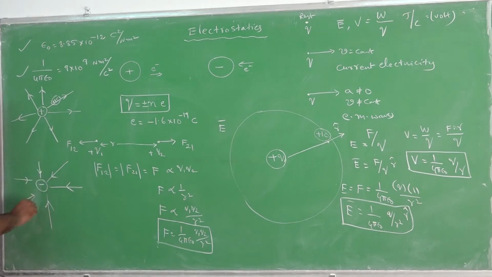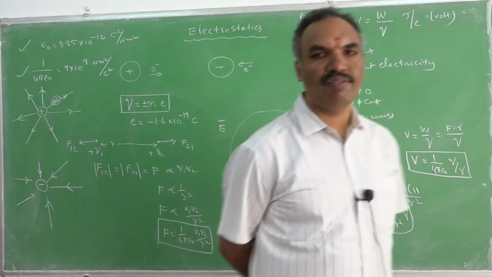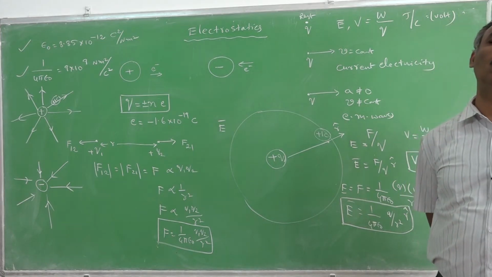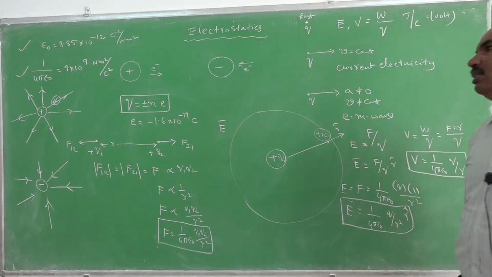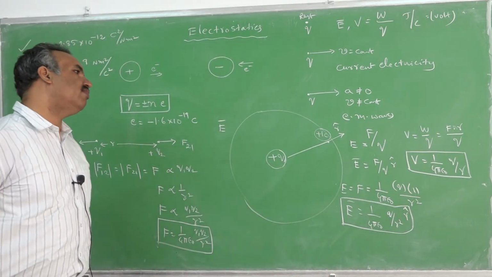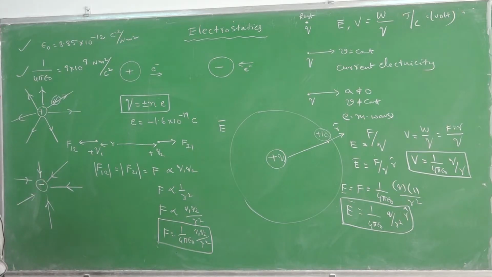Whenever I keep two positive charges side by side, there is a possibility for intersection of lines of force. No two lines of force should intersect each other, since if they intersect, at the point of intersection the electric field finds two directions. It is not correct.